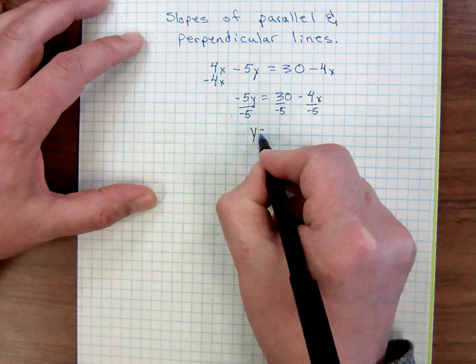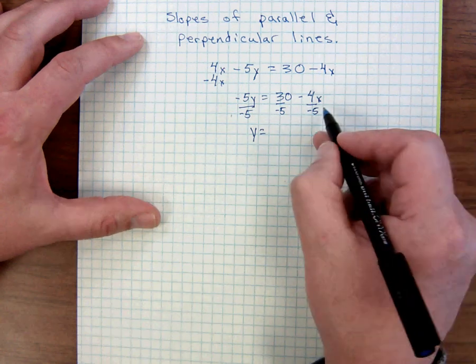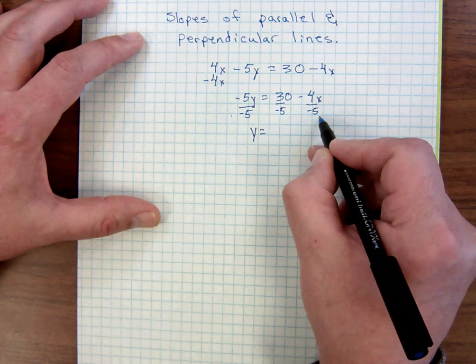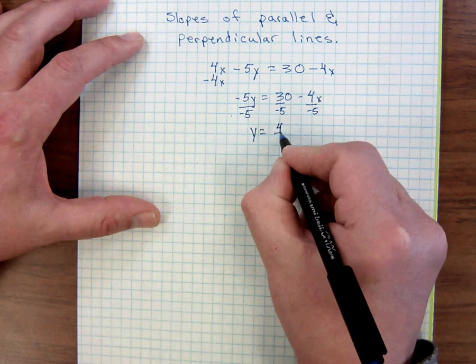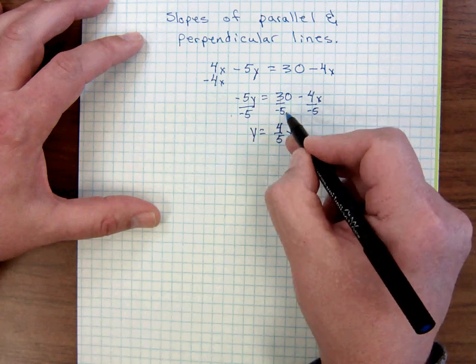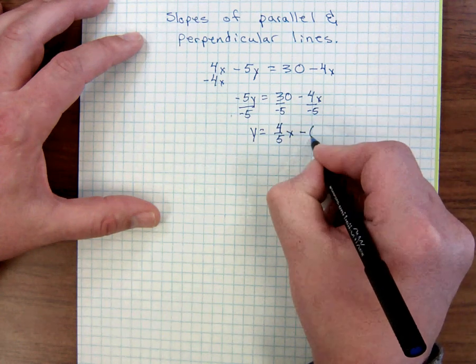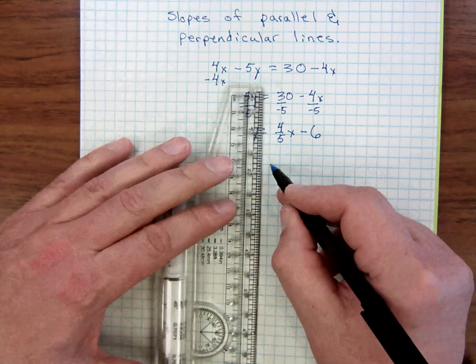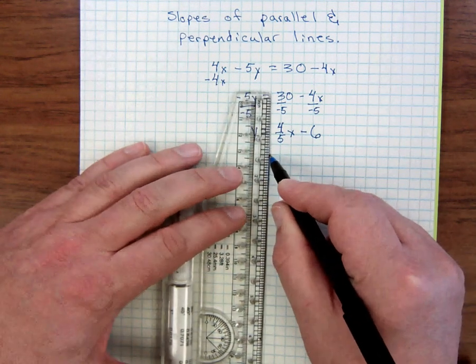So we end up with y equals, and again, to put it in slope-intercept form, we have a negative 4 over a negative 5, which makes it positive 4/5 for our slope. And 30 divided by negative 5 would be a minus 6. So we're going to do what we just did earlier.